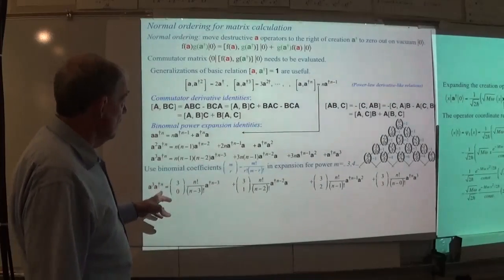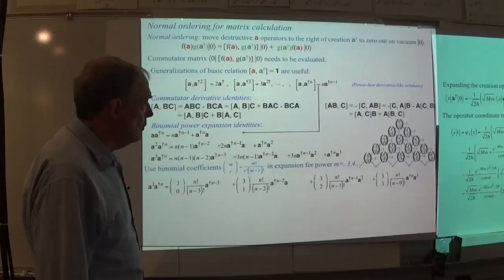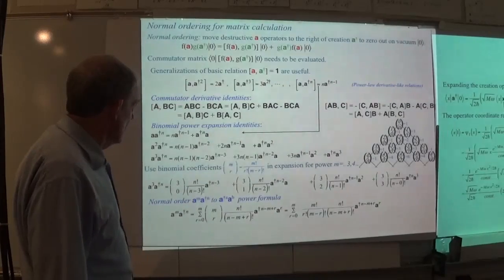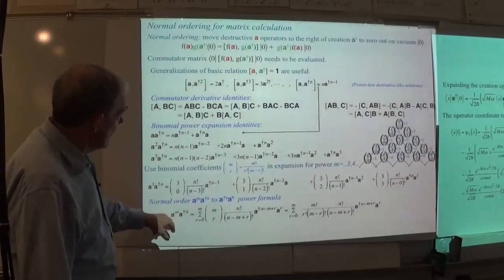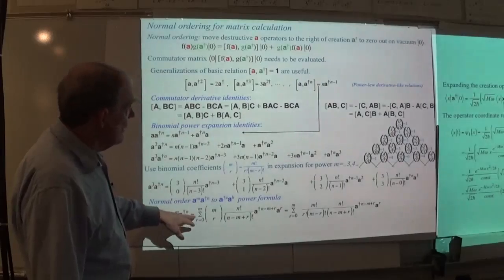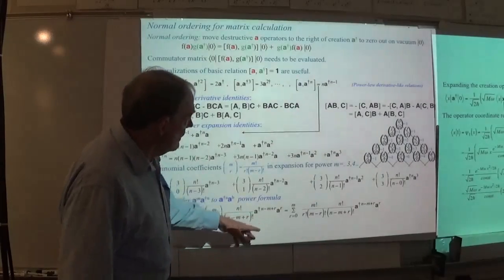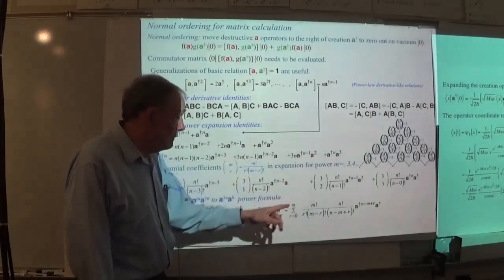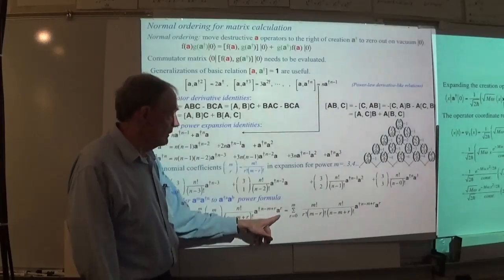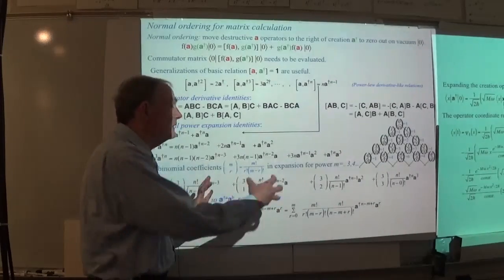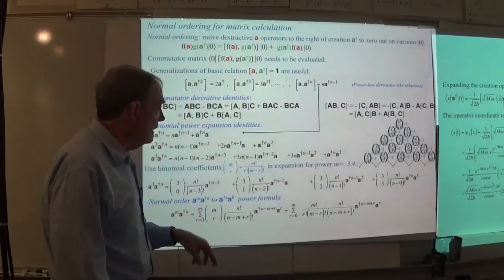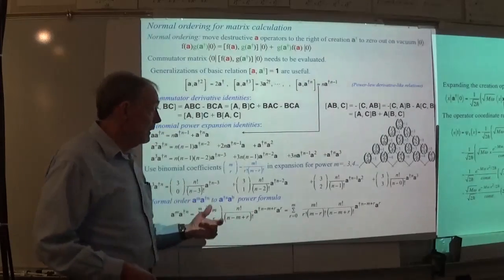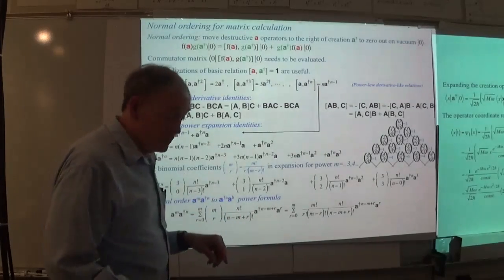So in general, you will have a relation like this. A to the nth, and then A dagger to the nth. This will give me an expansion that is just a sum of things that are in normal order. That is, have the destructors completely moved over to the right, and then the creators are over here where they can be evaluated.